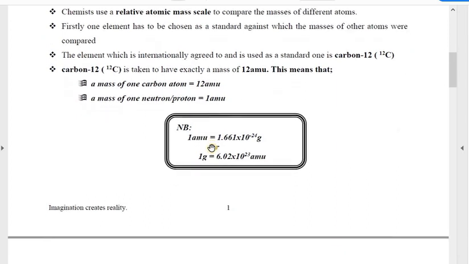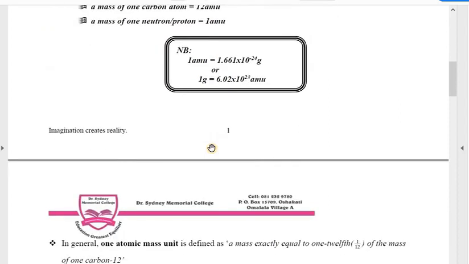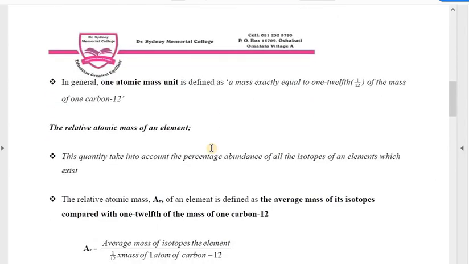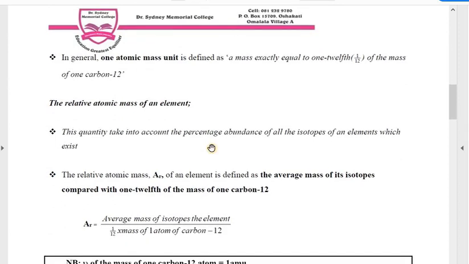So a mass of one neutron or proton is equal to 1 atomic mass unit. Everything that is measured is going to be in relation to those mass units. So it says here, in general, 1 atomic mass unit is defined as a mass exactly equal to 1/12 of the mass of carbon 12.